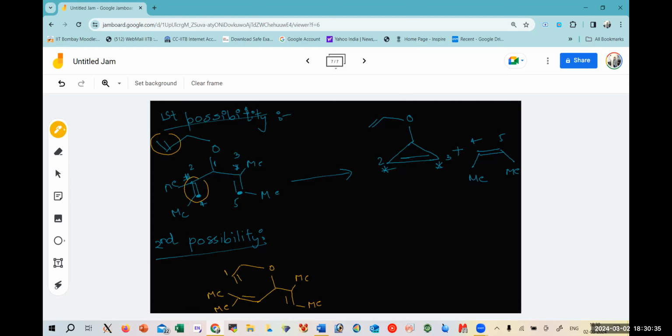If I mark it as 1, this is 2, 3, 4, 5. So this and this are going to combine to give you a 5-membered ring, and this CH2 and this CH would give you a double bond. So we'll quickly make a 5-membered ring having oxygen inside, oxygen 3, 2, 1. This is 4 and this is 5. 1 and 5 are going to have a double bond.